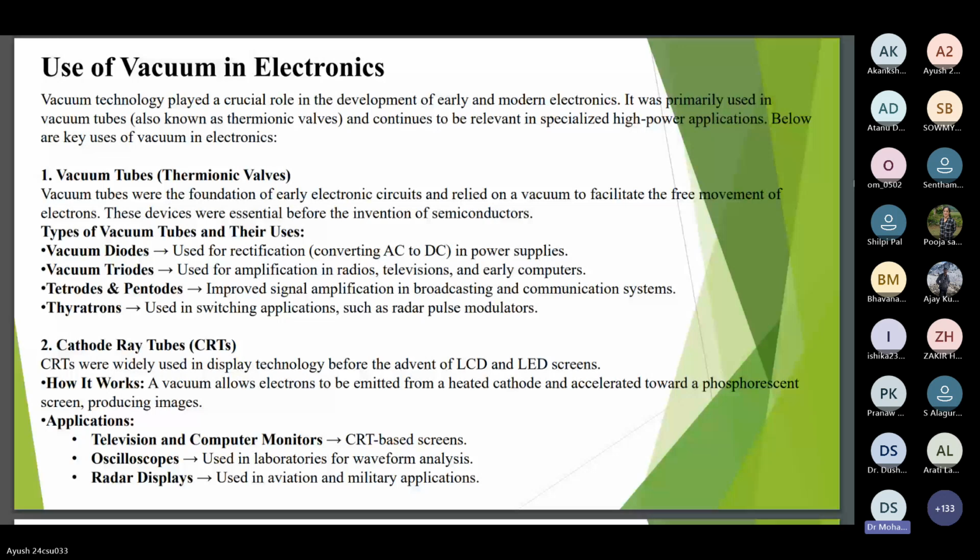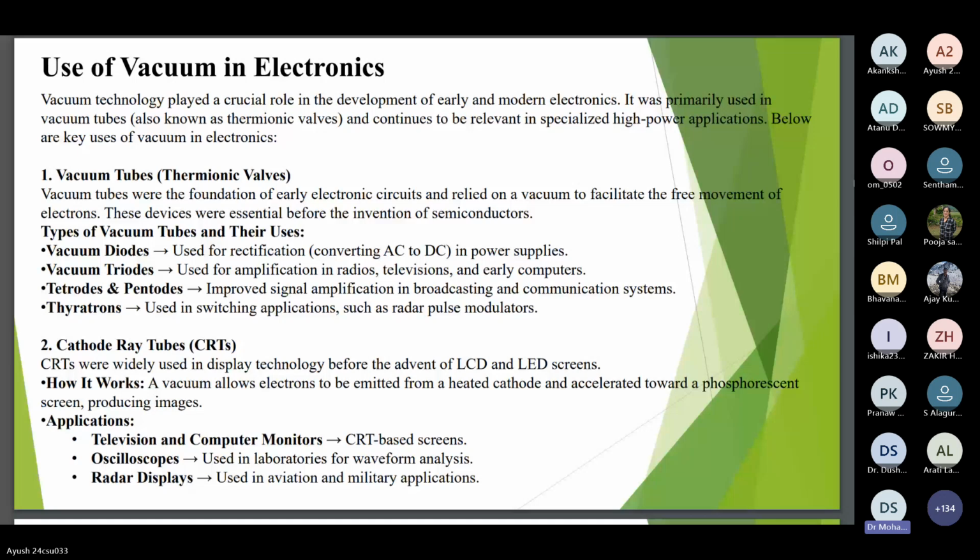So the vacuum devices are still used, and one of the very popular pieces of equipment which we frequently use in our labs is the cathode ray tube, CRT. CRT is one of the very important pieces of equipment, used extensively in the electronics lab.